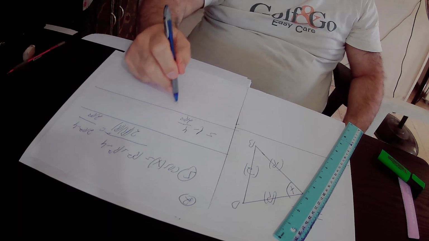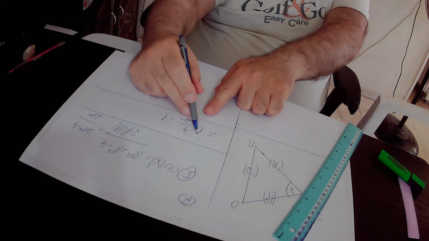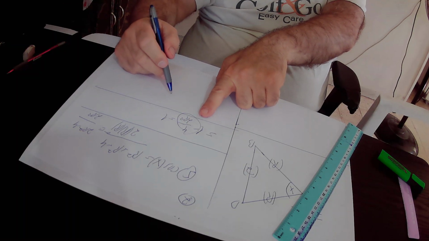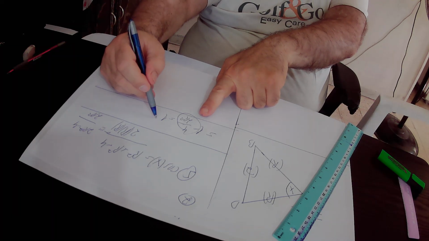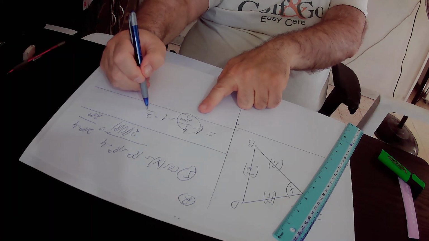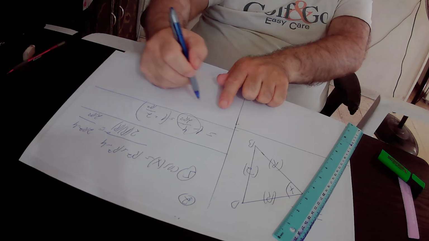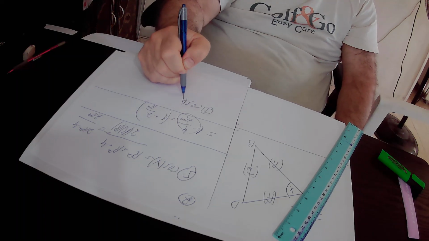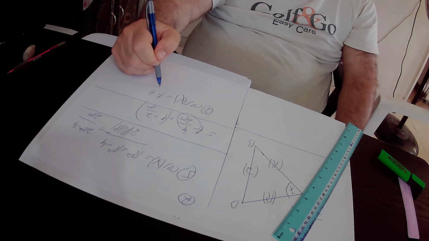So cosine x equals 1 minus 4 over 2R squared. We divide both the numerator and the denominator of this expression by 2. Minus 4 over 2 is minus 2, and 2R squared over 2 is R squared. So in conclusion, we found out that cosine x according to equation 1 equals 1 minus 2 over R squared.